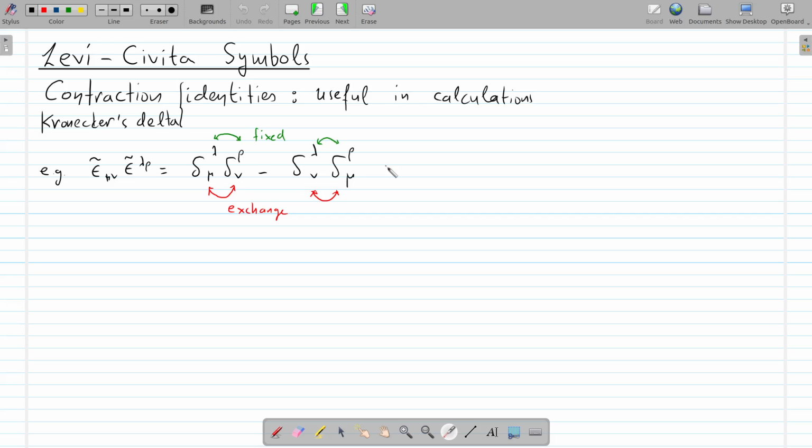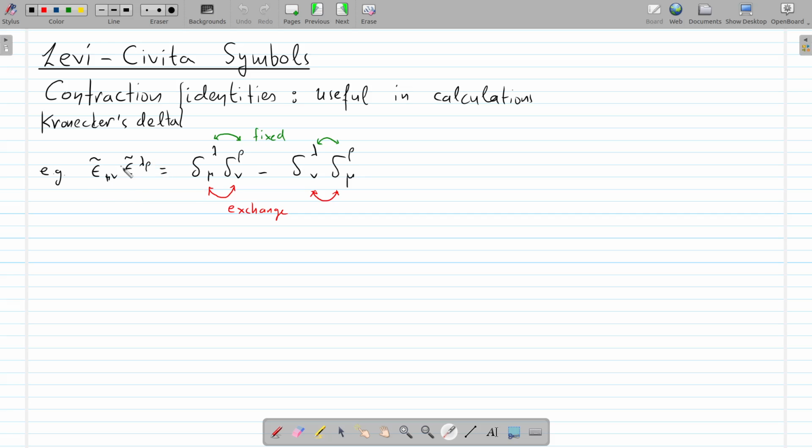In order to do algebra with Levi-Civita symbols, it is very useful to see their relations to Kronecker's deltas. So let's take, for example, the two-dimensional Levi-Civita symbol. So we have two indices here, taking two values, 1 or 2 or 0 and 1, it doesn't matter.